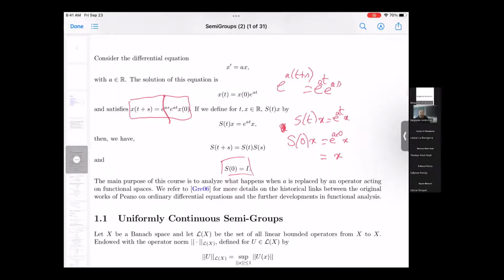Well, now the main goal of this course is to generalize these things when you're not dealing with a number a, but with a linear operator in a Banach space.